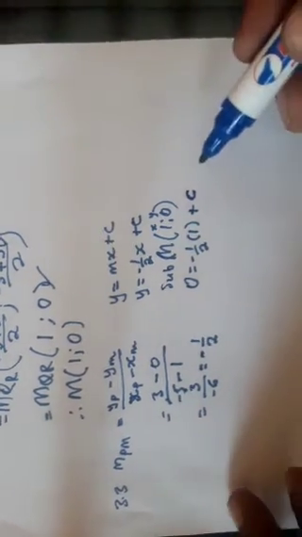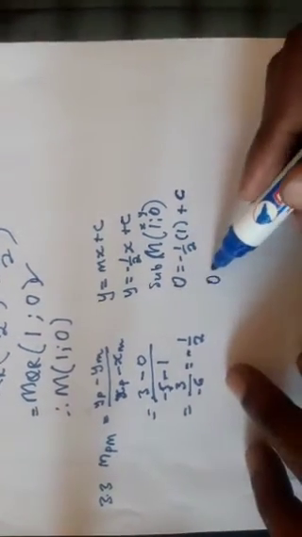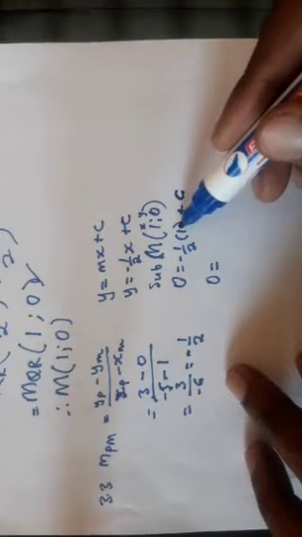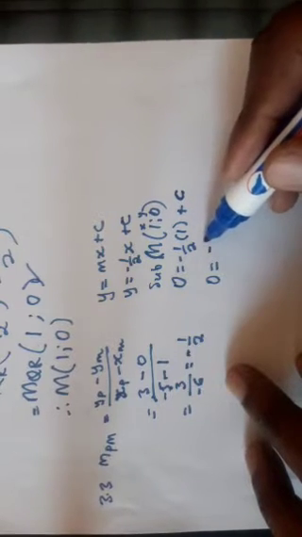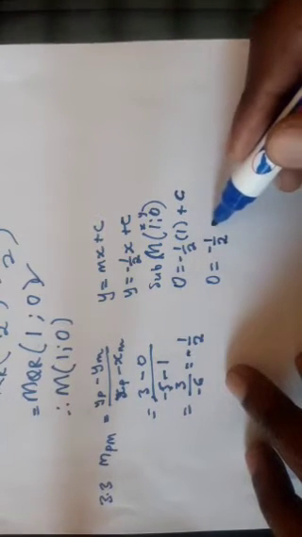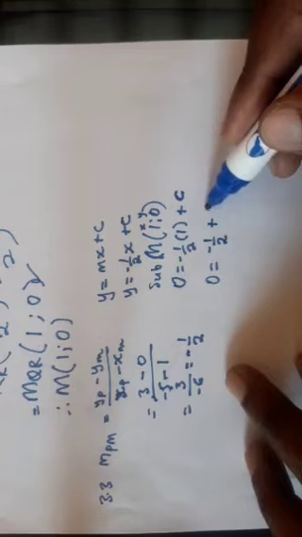Right, so that's 0 equals negative 1 multiplied by 1, we're going to have minus 1 over 2 plus c.